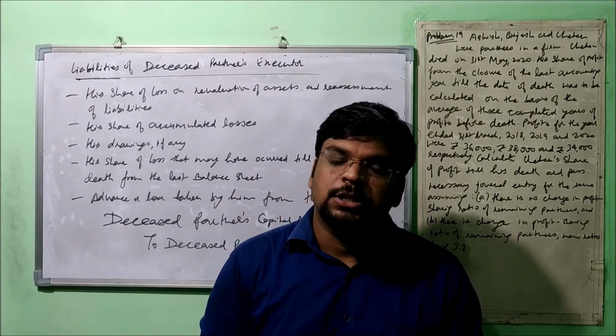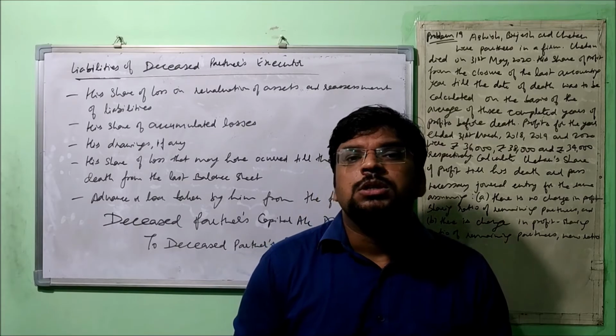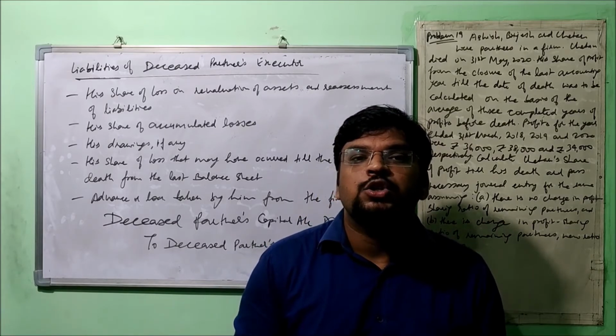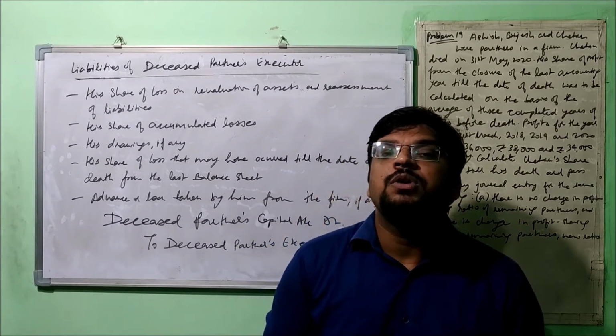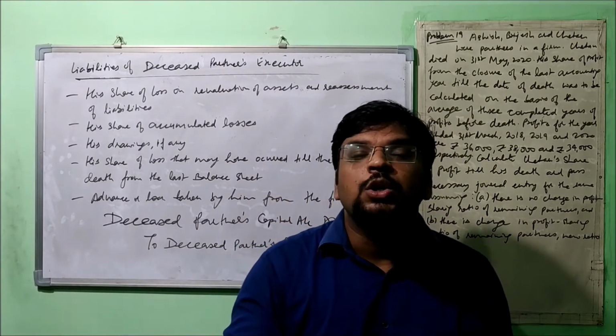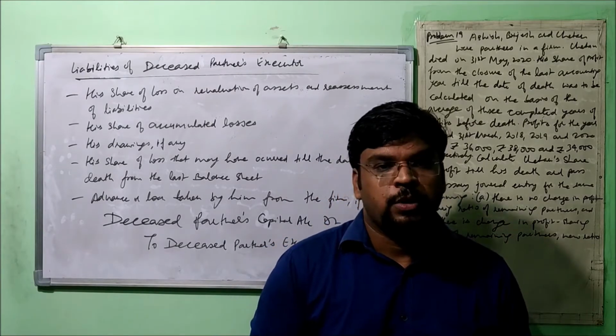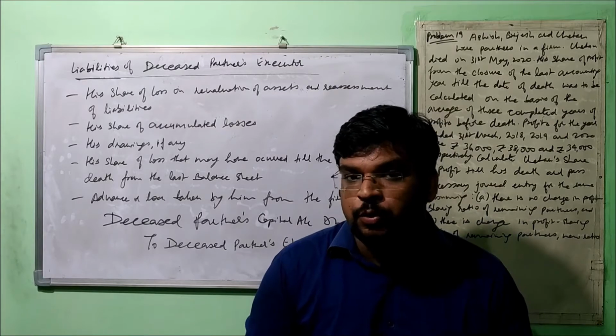But at that point of time, we cannot calculate the exact profit, because exact profit can be calculated only at the end of the year, when we include the closing stock also. But the year has not ended; he has died in the middle of the year.